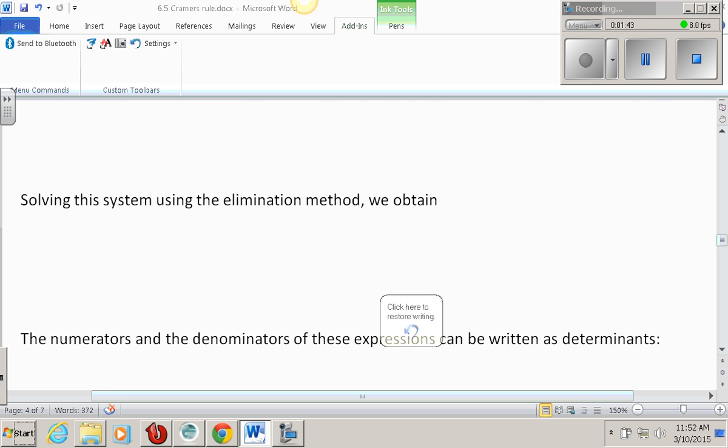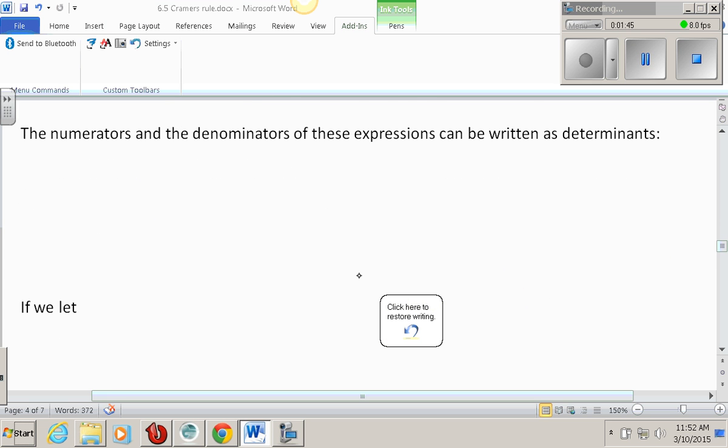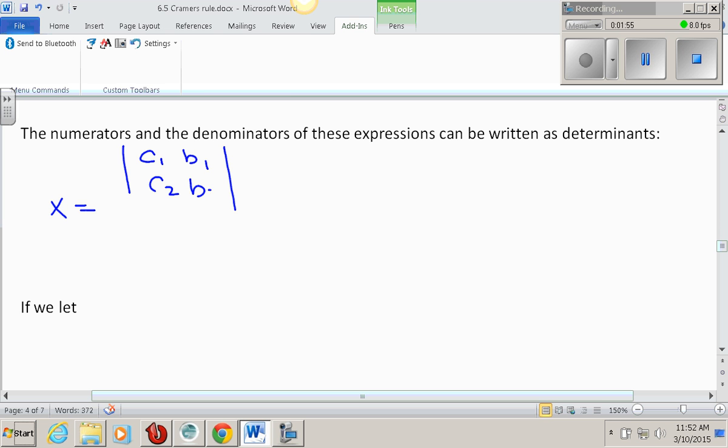Okay. So the numerators and denominators of these expressions can be written as determinants. So for my x, we get the determinant of c1, b1, c2, b2, all over the determinant for a1, b1, a2, b2. And that comes right from that last step.